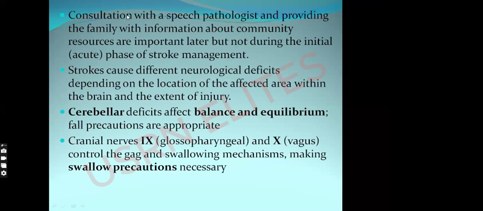Over here too, we are saying consultation with a speech pathologist and providing the family with information about community resources are important later, but not during the initial phase of acute stroke management.